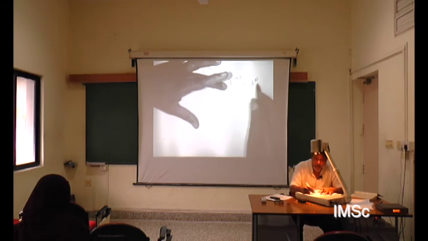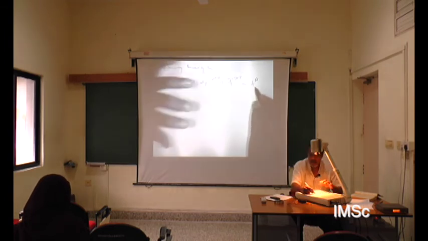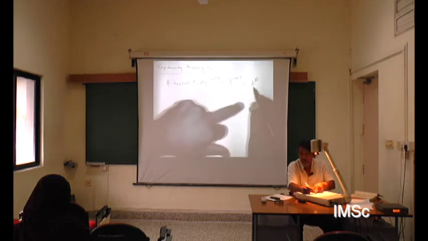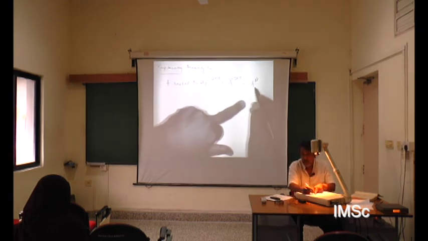So if I take something in A double prime, I know that I can find a net in A which converges to it in the strong operator topology.